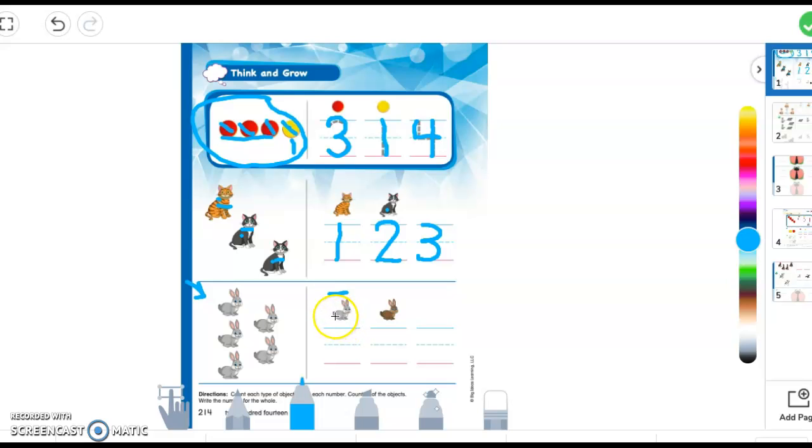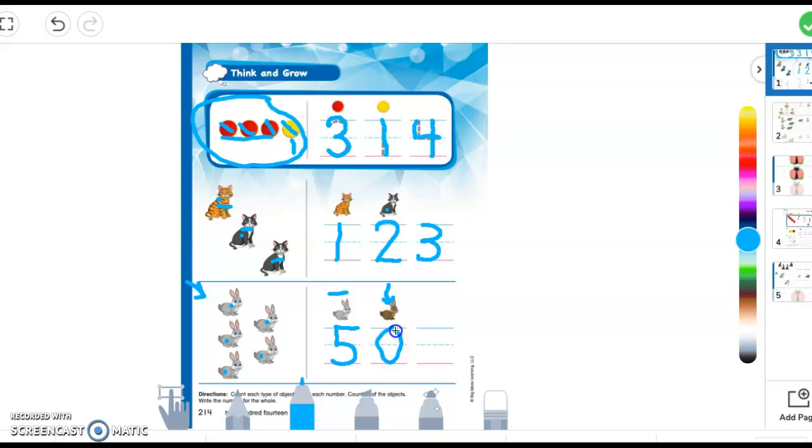Okay. How many of this set right here are gray and white bunny rabbits? Let's count them. 1, 2, 3, 4, 5. Let's write the number 5. How many of our set are brown bunny rabbits? 0.